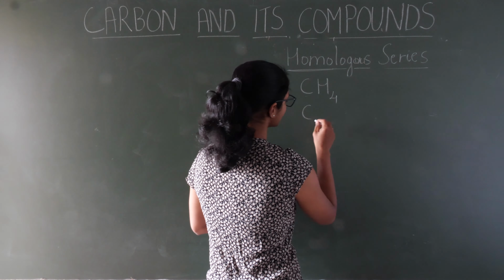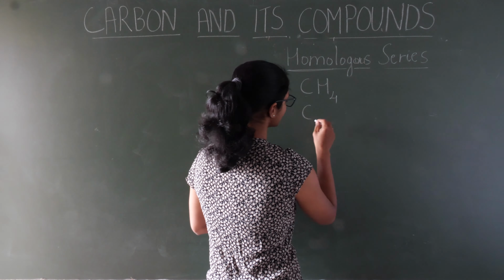And then pentane. So look carefully, nothing complicated, nothing to be memorized, just basic understanding. Just observe carefully. You will observe that the difference between the first and second, second and third, third and fourth, fourth and fifth is the same.